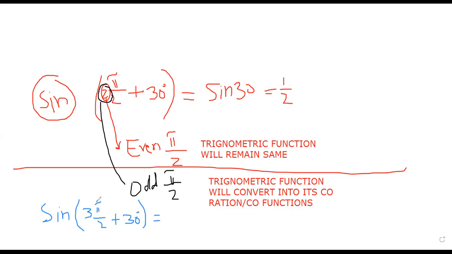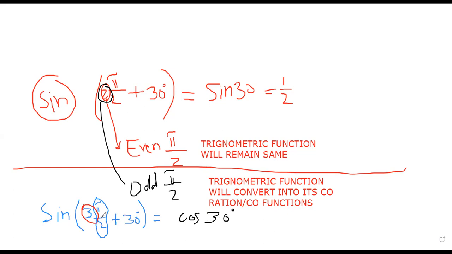This is an odd multiple of pi over 2, so this will be equal to cos of 30, because this is an odd multiple, so sine will convert into its co-ratio. The co-ratio of sine is cos. This will be equal to cos of 30.